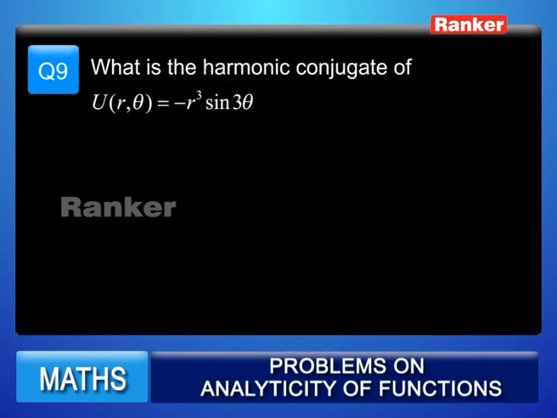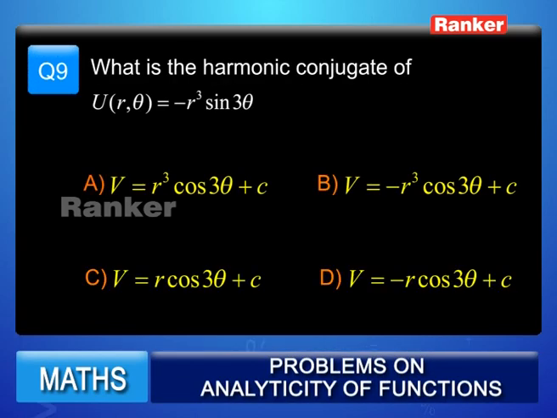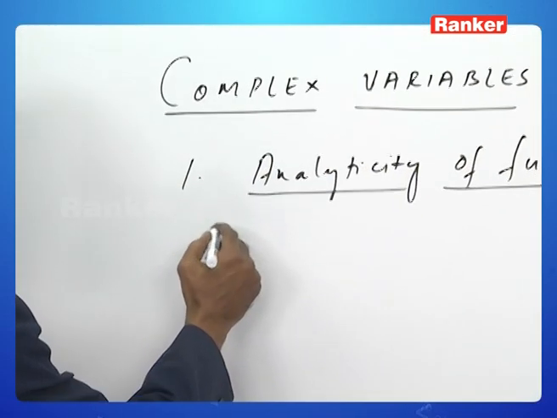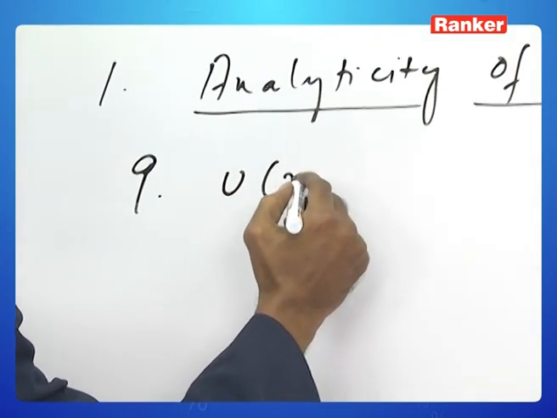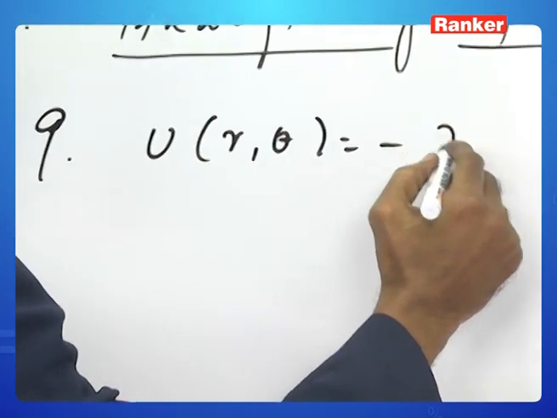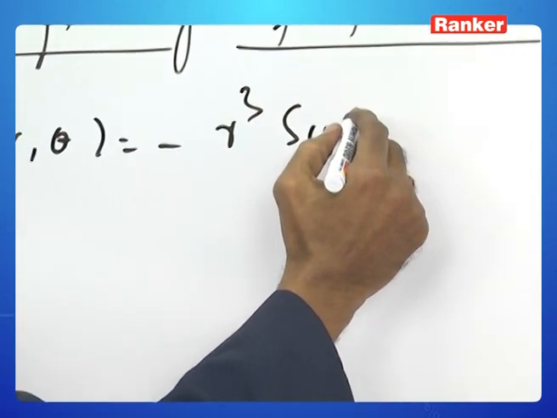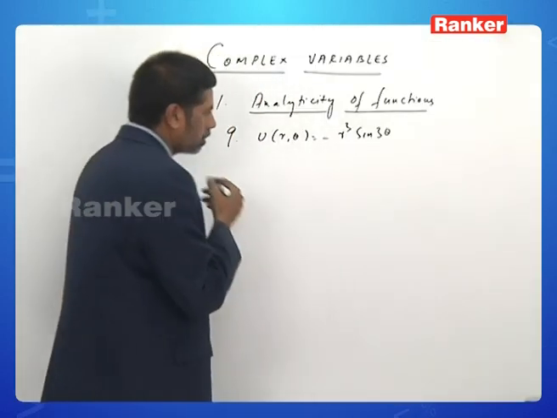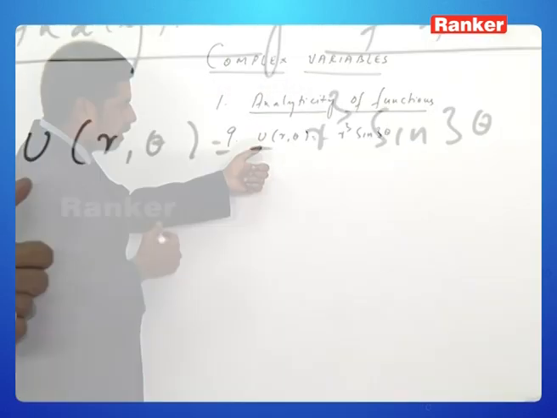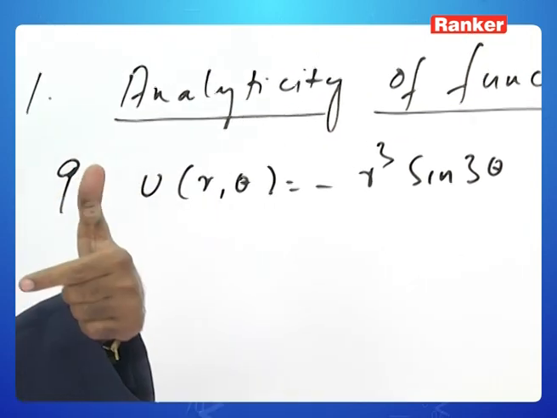Question number 9. What is the harmonic conjugate of the function u of r comma theta is equal to minus r cube sine 3 theta? This is a problem related to analytic functions involving polar coordinates.